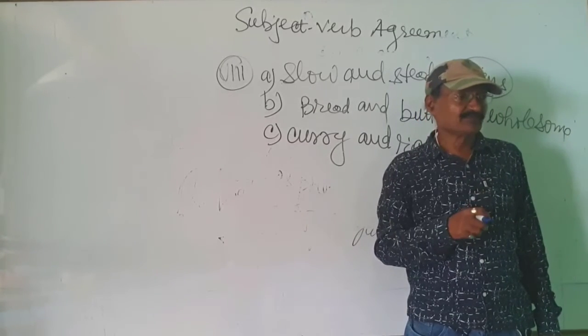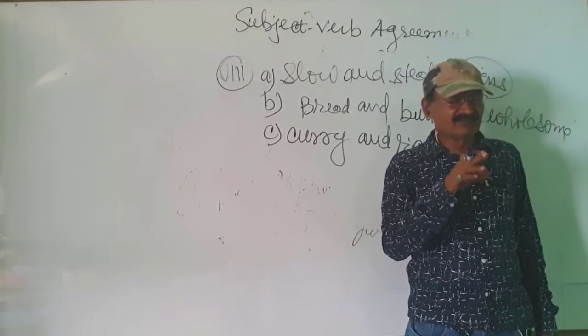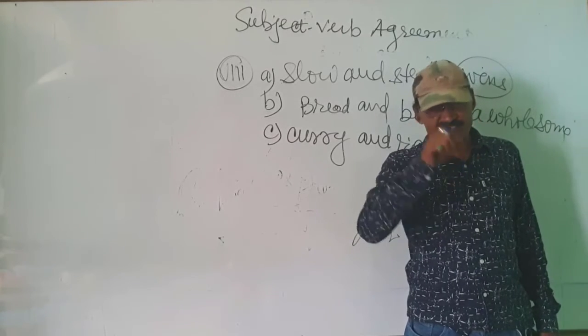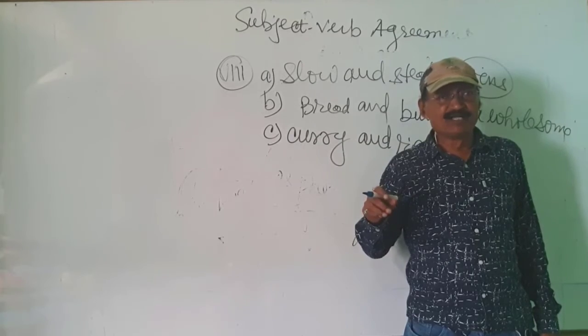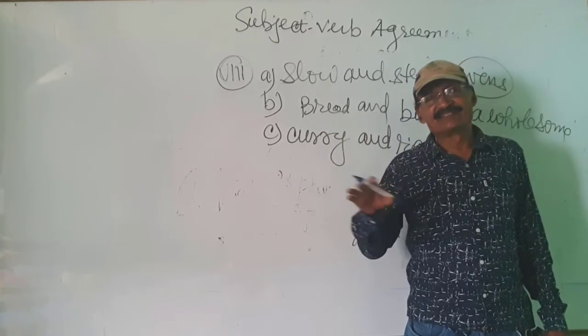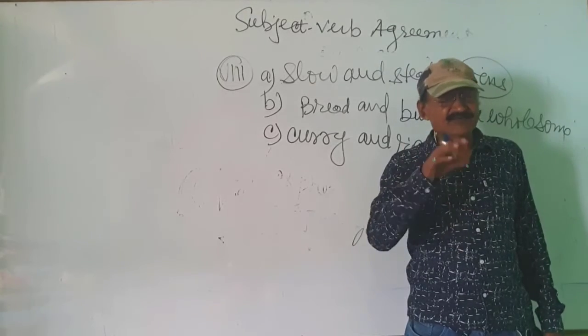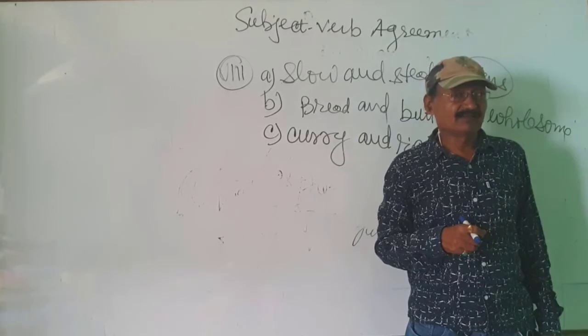You will have to fill the fillers, and in some passages you will have to omit things. Some plural verb will be given and you have to omit it and write the correct singular verb. These are the types of questions you have to understand in grammar.